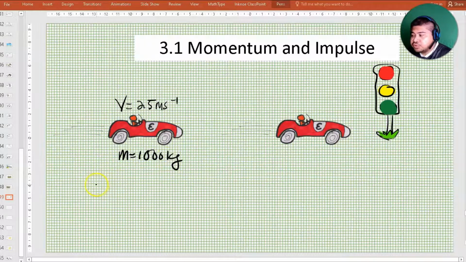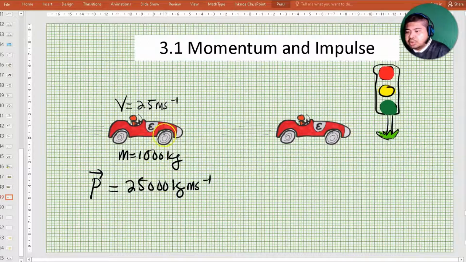The amount of motion that the car has at the moment is given by the value of the momentum. So the momentum of the car at the moment is 1000 times 25. It's going to be 25,000 kilogram meter per second.